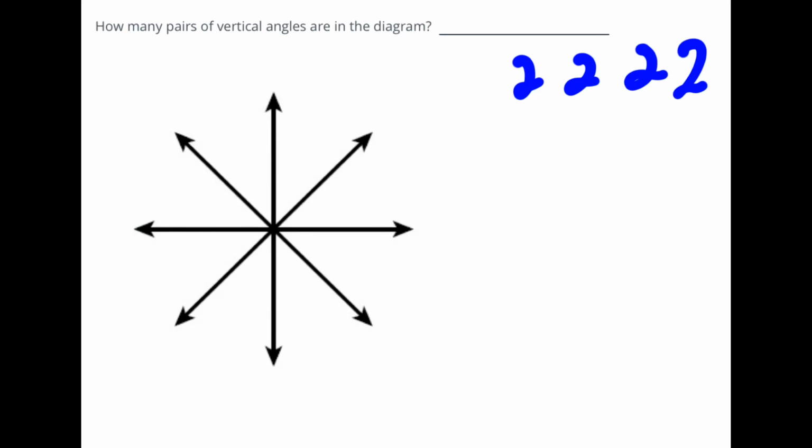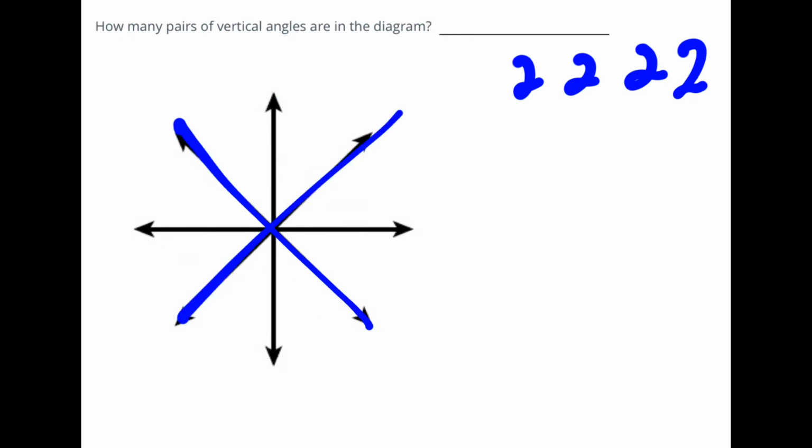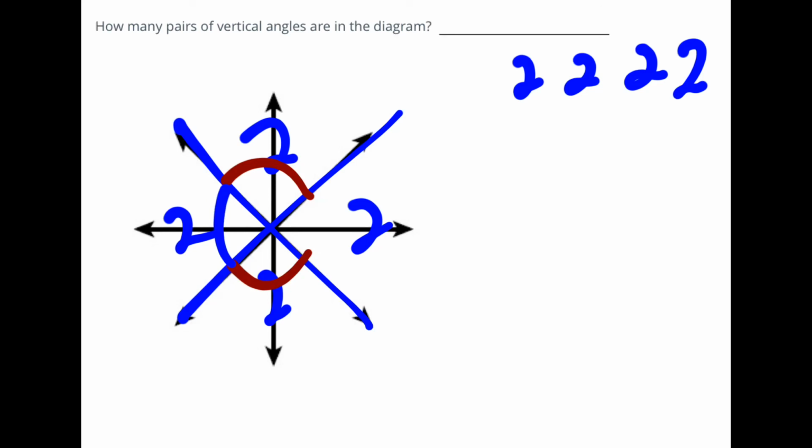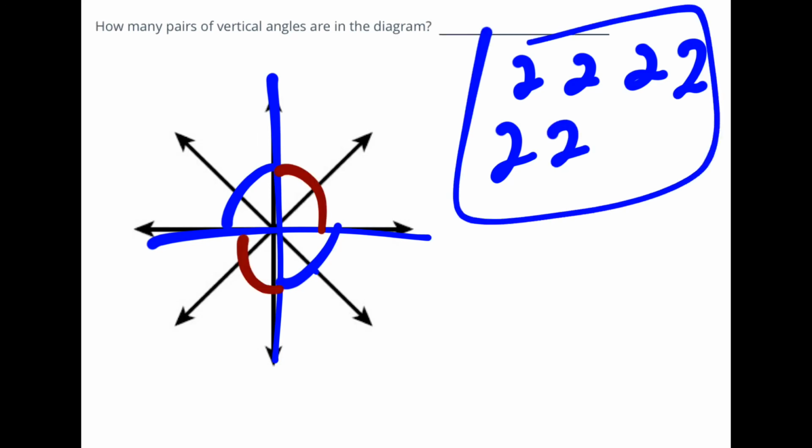All of those examples, I looked at something like this, where you had one angle here and you had 3 angles on these sides. But we can also consider when we have 2 and 2 on each side. So right here is 2 additional pairs. The same thing is true if I look at these lines. I have a pair here and a pair there. So that's 2 more. If I add all these 2's up, there are a total of 12 pairs of vertical angles.